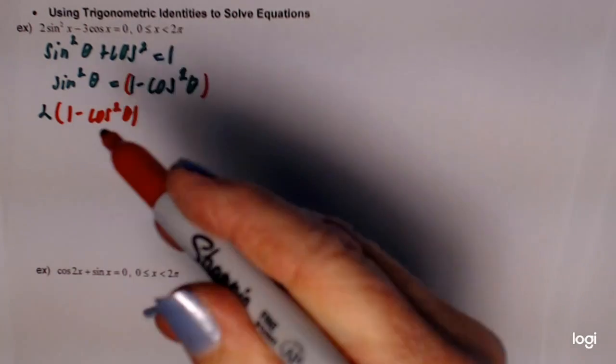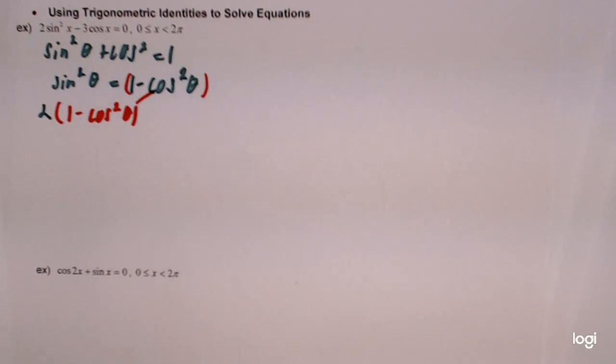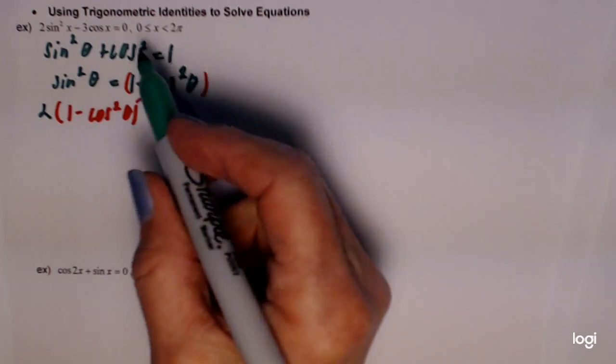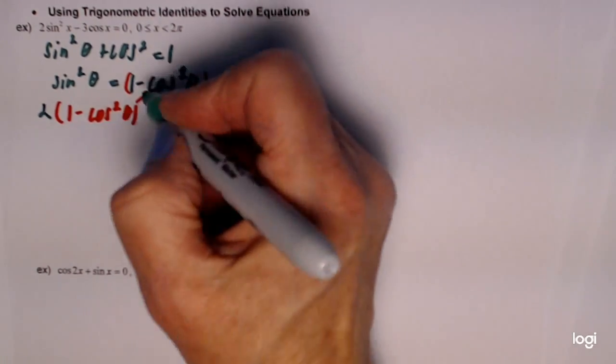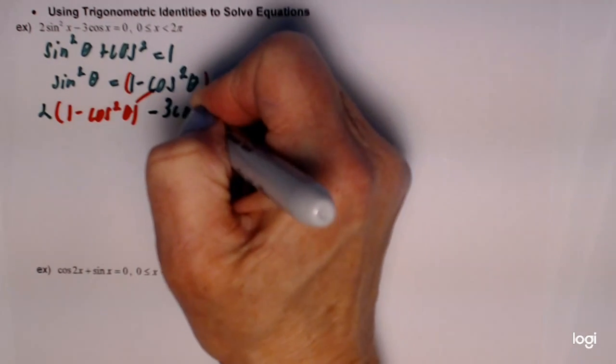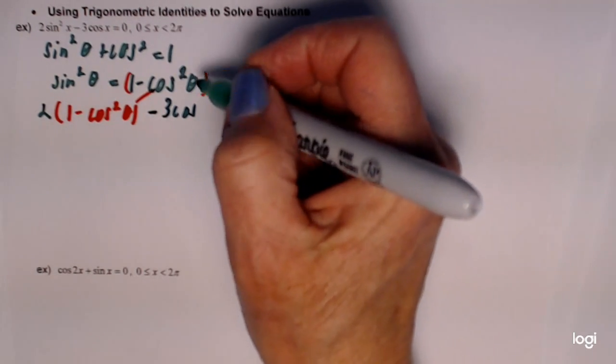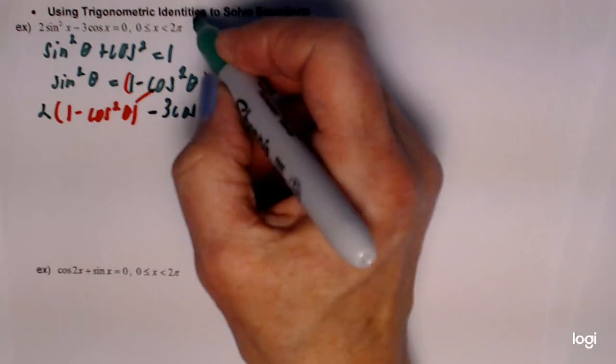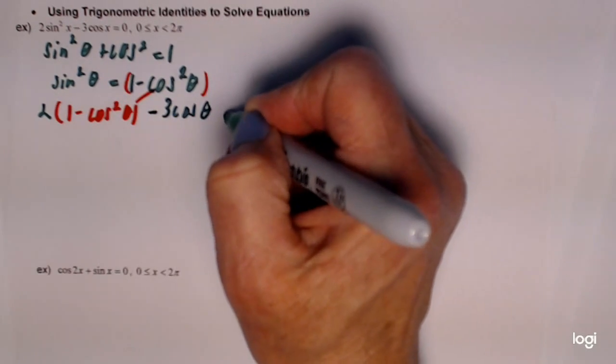That comes from there. And then we have minus 3, and now we have cosine. Oops, I just realized I changed everything from x to theta. That's okay. We'll just stick with theta.